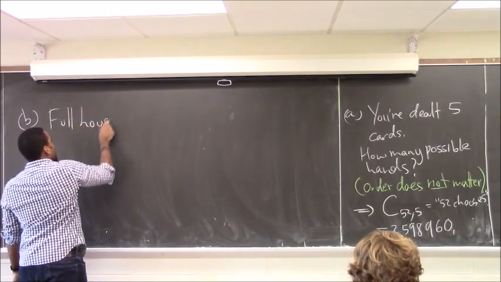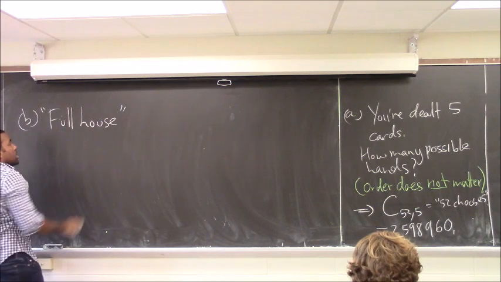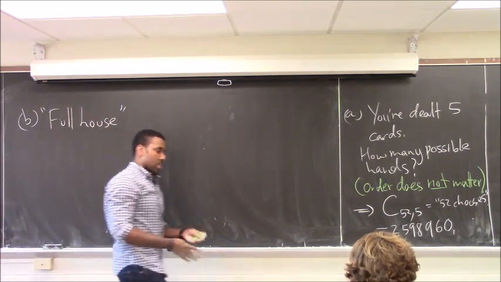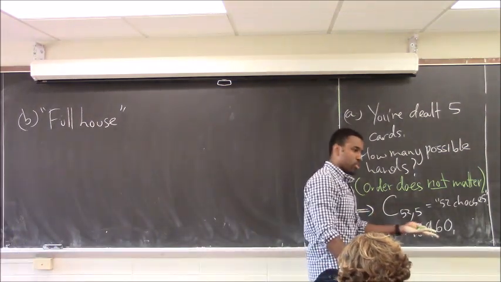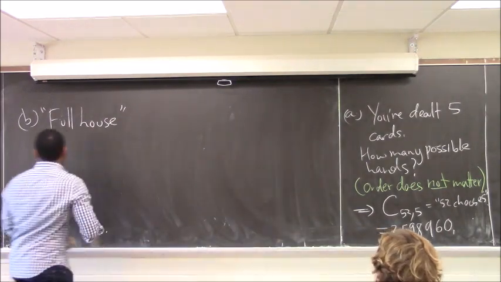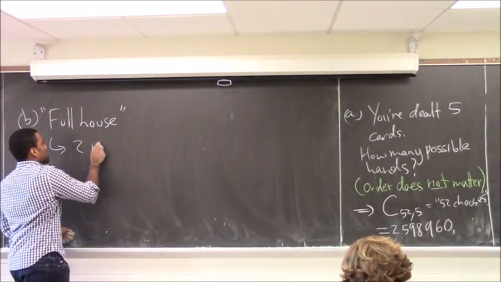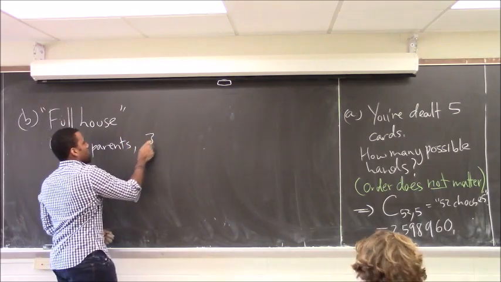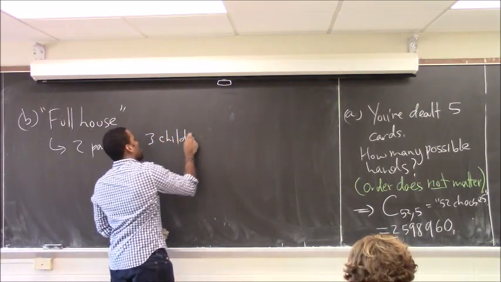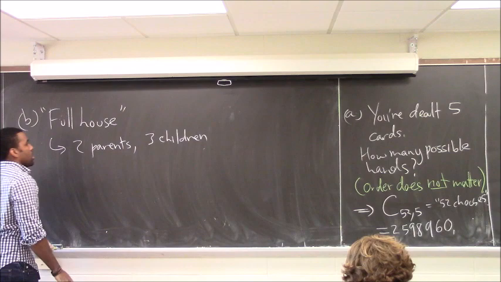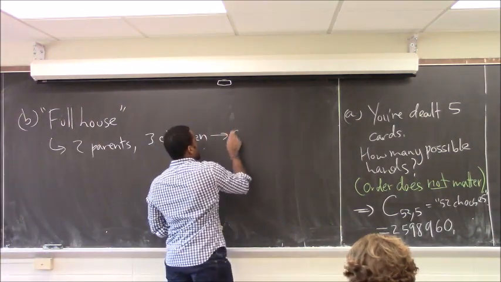Okay, now let's talk about something called a full house. There's a hand in poker called the full house. Basically, it's when you say, okay, there's a family of 5, there are 2 parents and 3 children. That's called a full house. So basically, there are 2 parents, 3 children, and it's denoted by different kinds.